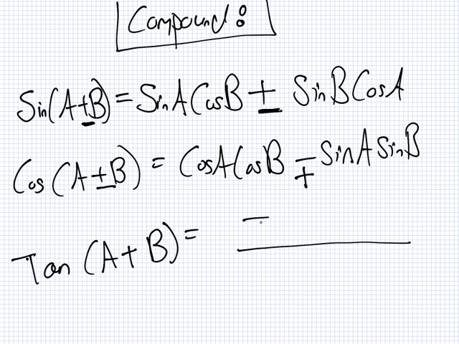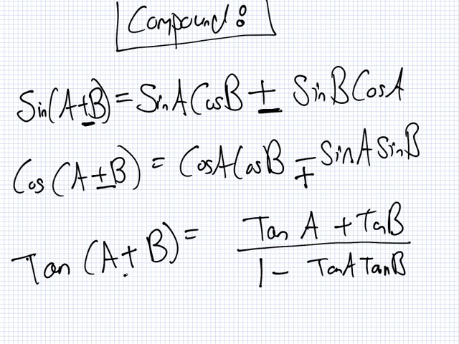It's tan A plus tan B, over 1 minus tan A tan B. And when you want minus here, then you have minus here and plus here.